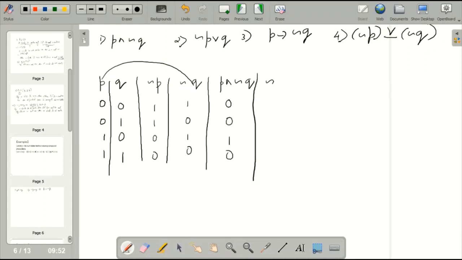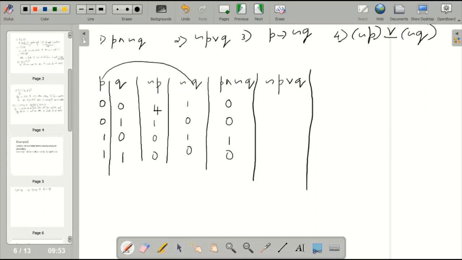Next is negation P or Q. What will happen for negation P or Q? You know in disjunction, only when it is 0, 0 it is 0. In the rest of the cases it is 1.